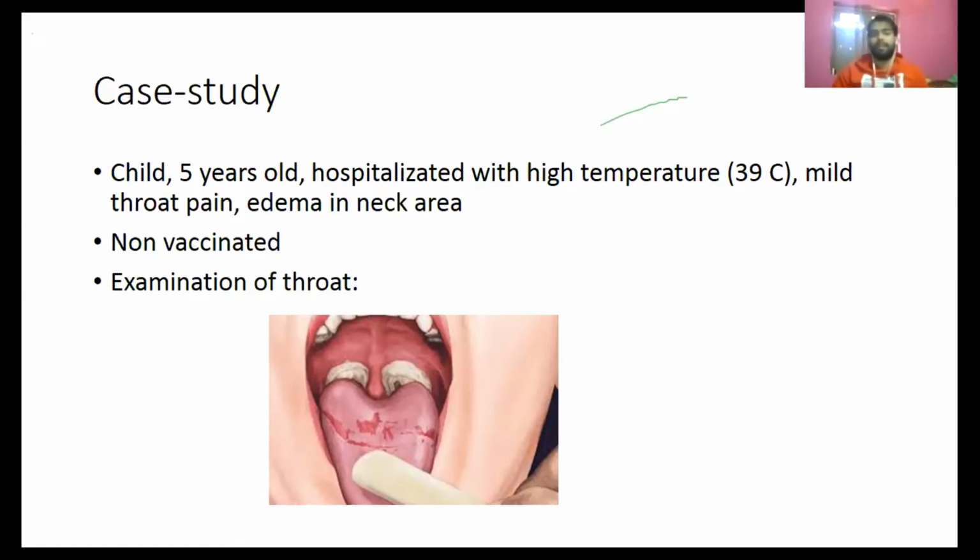Yes, you can think. And also 5% to 40% bacteriation on the tongue. Edema in the neck area also. Edema, some accumulation of fluid in the neck area. And some kind of mild throat pain.